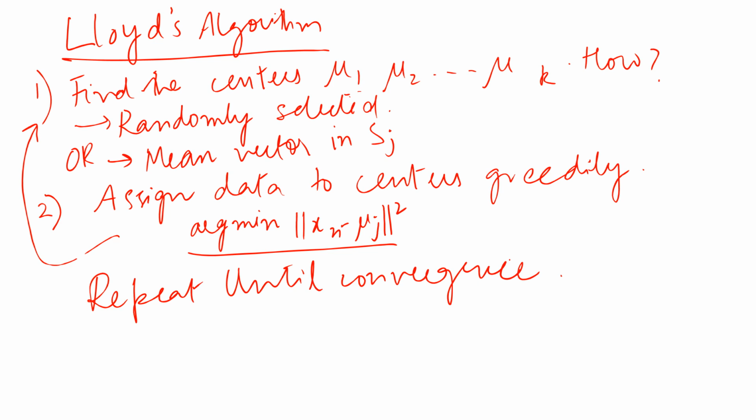In the next step, we get the centers by calculating the mean vector in a certain cluster. These get updated in the next iteration, and then we keep assigning data to centers until convergence.